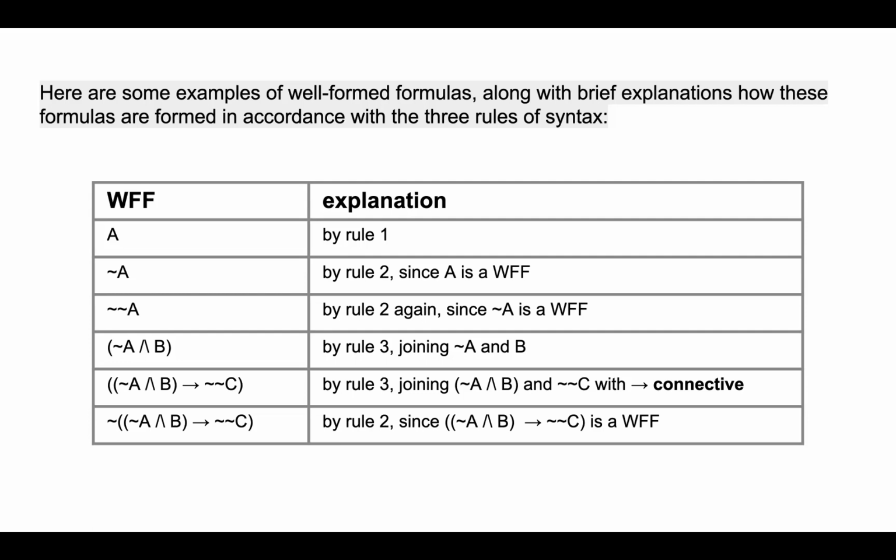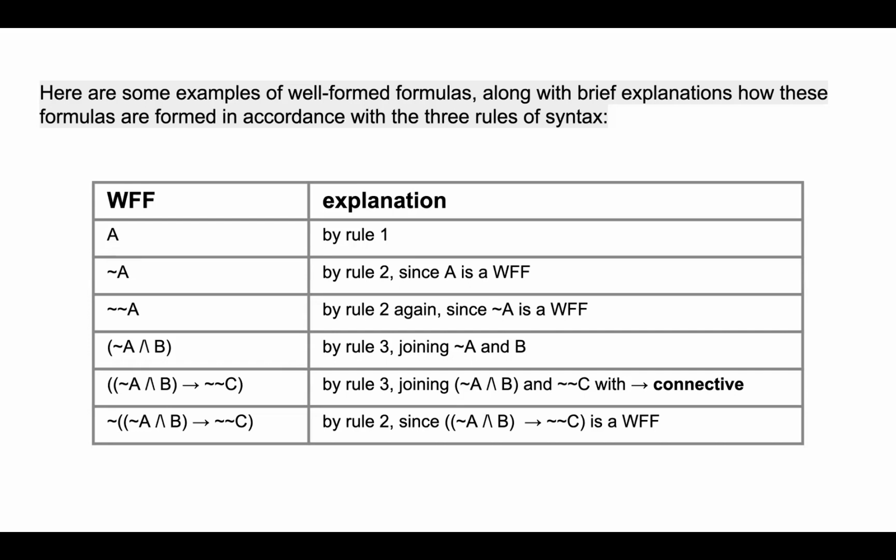Now, what is there in the next example? Negation A and B implies negation of negation C. Again by rule 3, for implication, A and B both are again well-formed formulas.